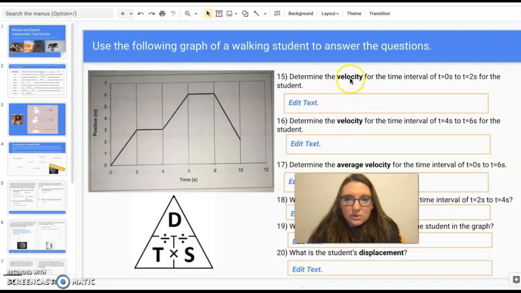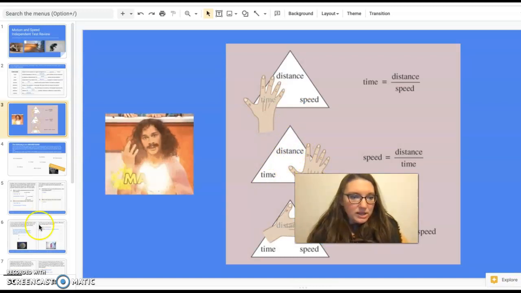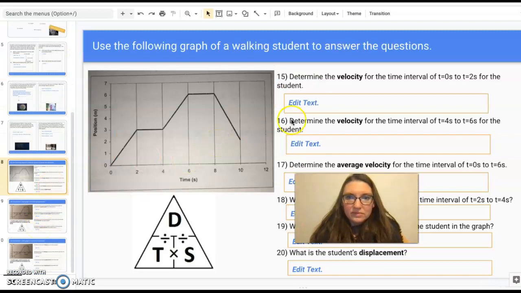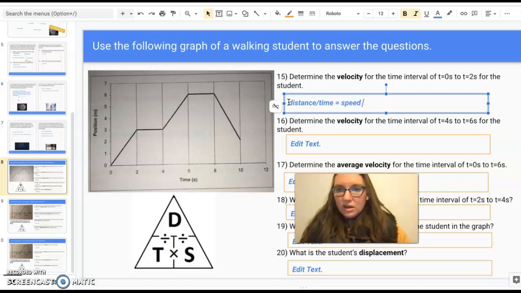Okay, so velocity is calculated the same way as speed, except instead of distance, we're using displacement. But in this case, it's the same thing. So if we're looking at speed, it's going to be distance divided by time. Distance divided by time equals speed.